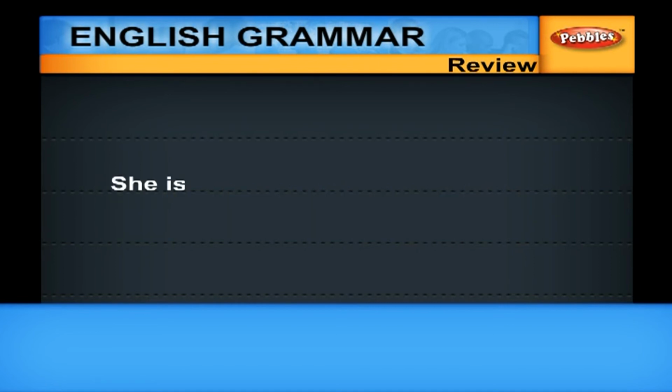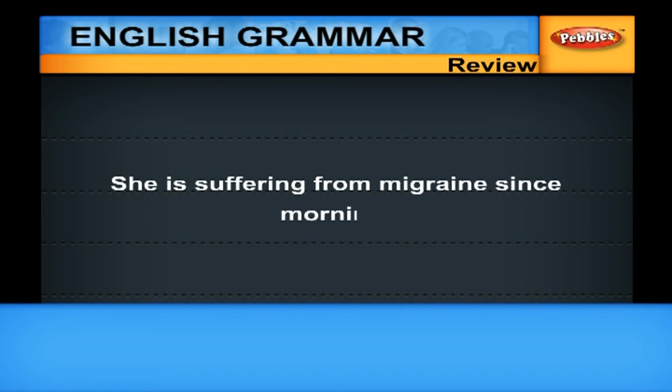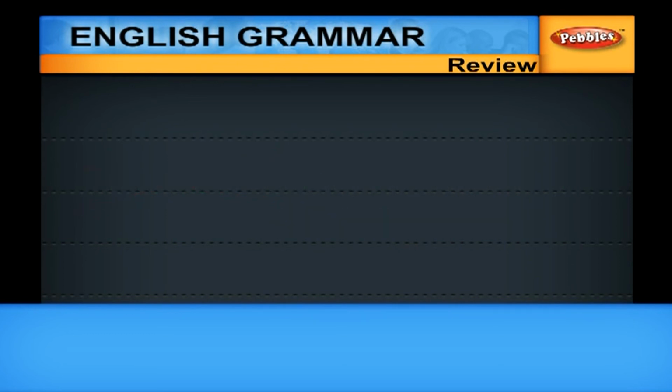She is suffering from migraine since morning. So here, you have an action that started in the past, continuing in the present. You have to use present perfect continuous and not continuous. For present perfect continuous, we use have form, has, as the helping verb. Here, she is third person singular.